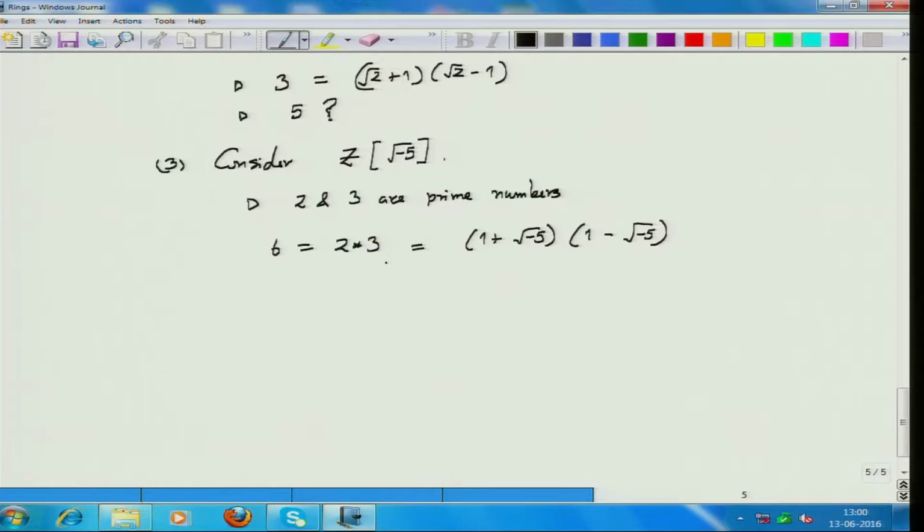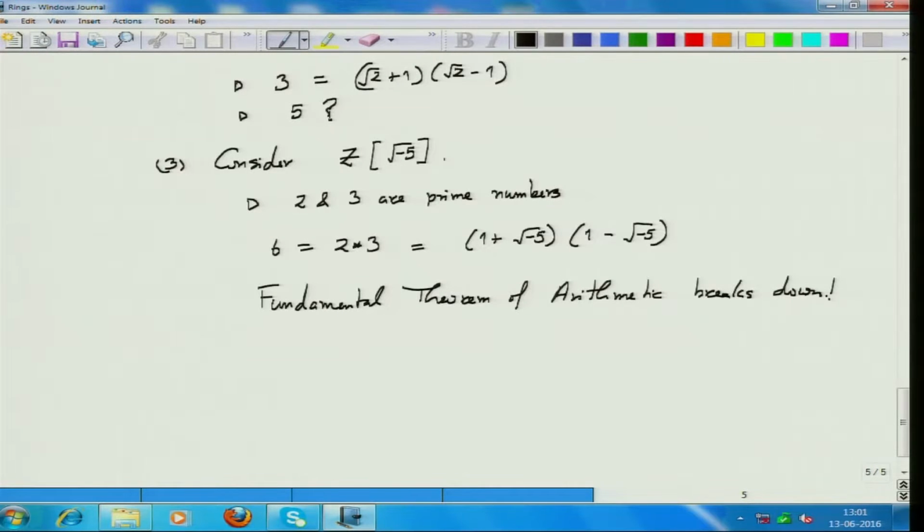So there is no way these 2 factorizations are the same. They are equal, but they are not the same. So the fundamental theorem of arithmetic breaks down here.